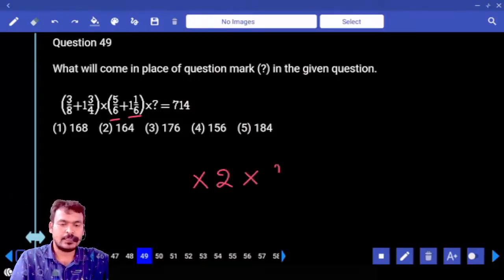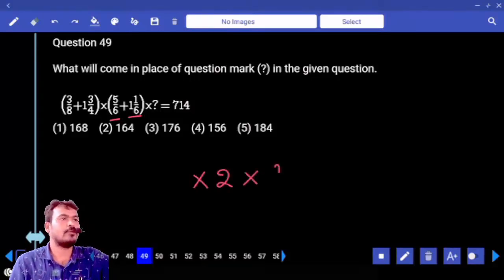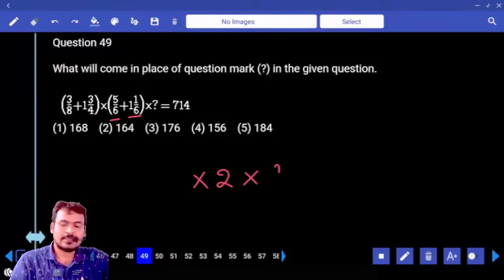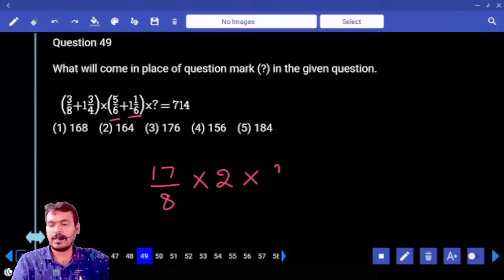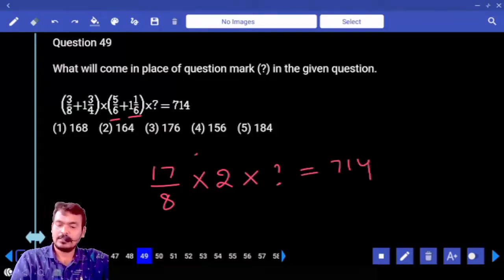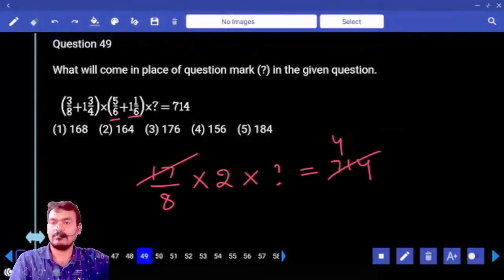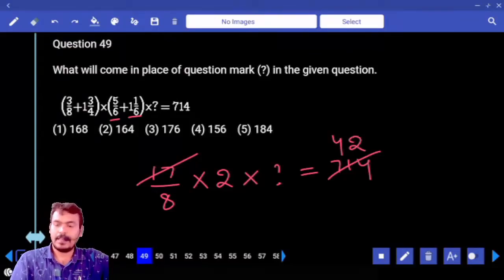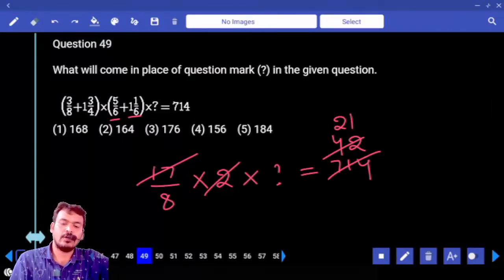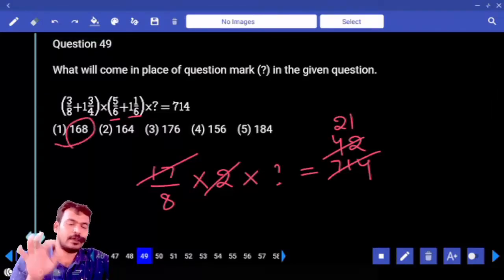Next, 3 by 8 plus 1 3 by 4. 3 by 4 we write as 6 by 8. 6 by 8 plus 3 by 8, 9 by 8. 1 9 by 8 is nothing but 17 by 8. 17 by 8 into 2 into something is equal to how much value? 17 4 is 68. Remaining value 34, 2 times. Next, 2 how many times? 21. 21 into 8 how much? 168.